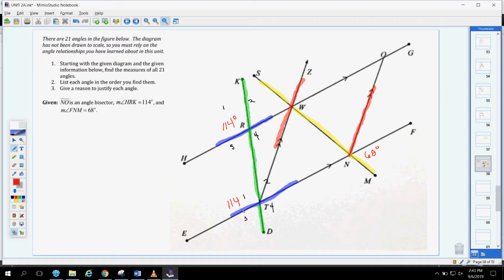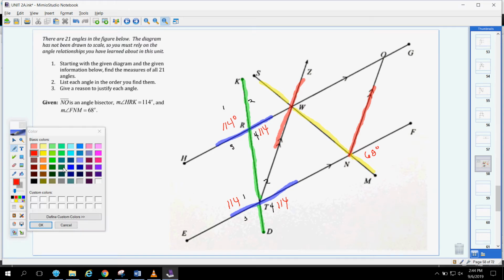114. Okay, we also know that verticals are congruent, so this would be 114, and this would be 114 because we have vertical angles here. Right, now that we know that, if I went back and did the color dots like I did orange and blue in class, we would have one here and one there, and so these two are a linear pair right here. Let me see if I can draw something that shows linear pair with yet a different color.